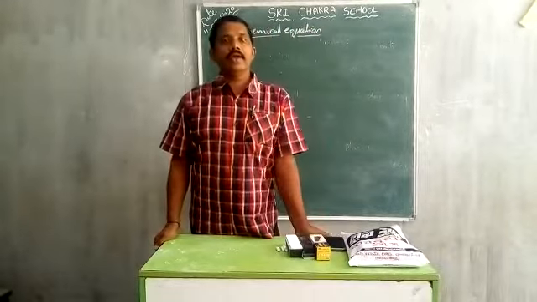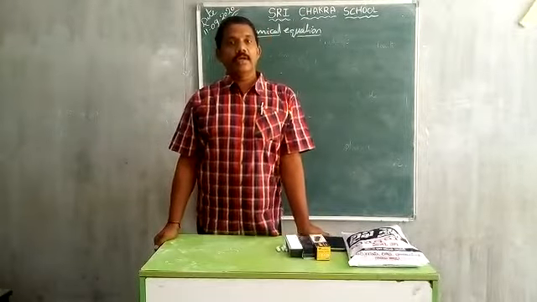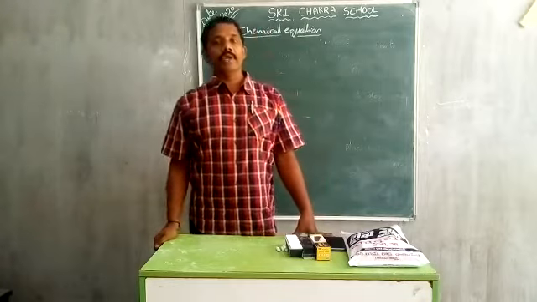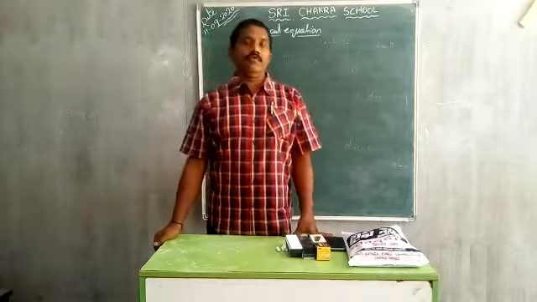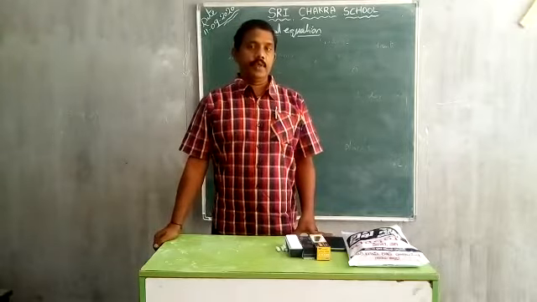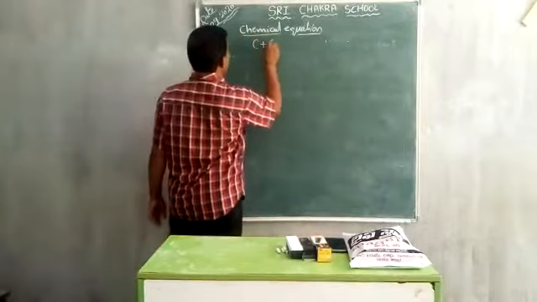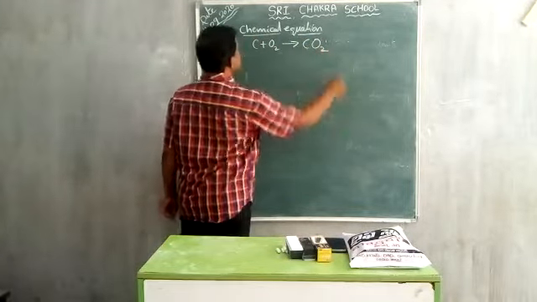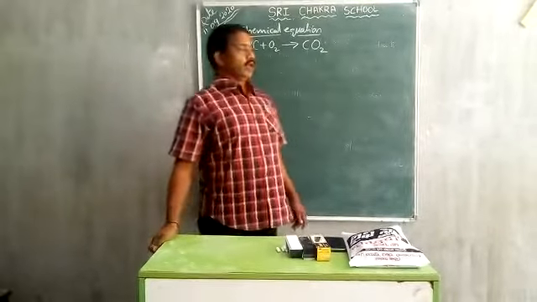The shorthand representation of a chemical reaction by using symbols and formulae of chemical compounds is called a chemical equation. C plus O2 gives CO2. This is a very good example for an equation.